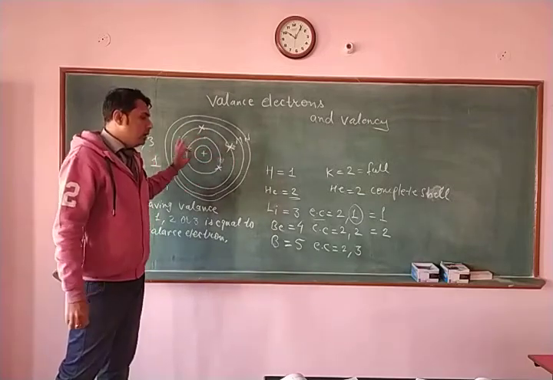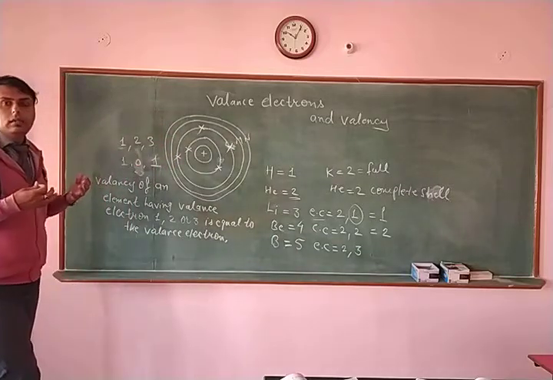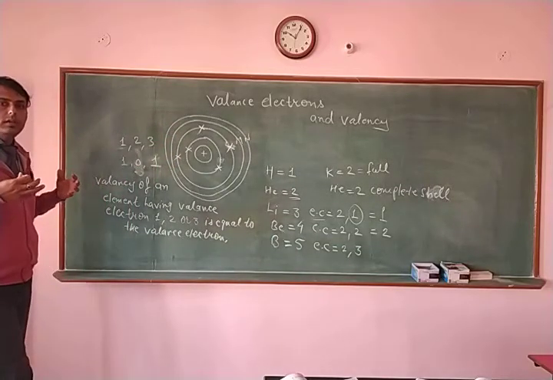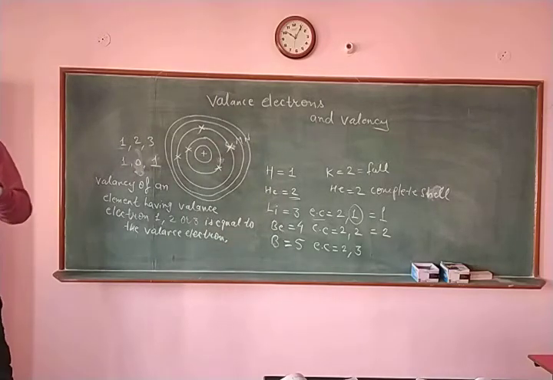So for boron, it is easy to lose 3 electrons rather than gaining. How many electrons does it need to complete the octet? 5 electrons. Yes.